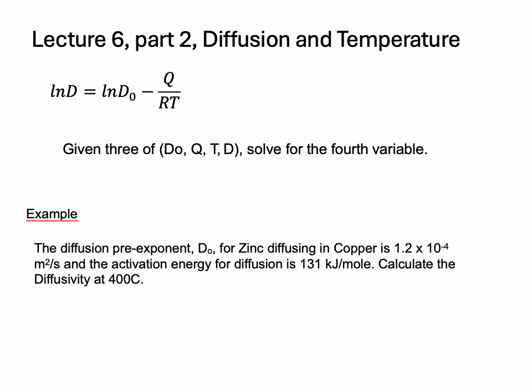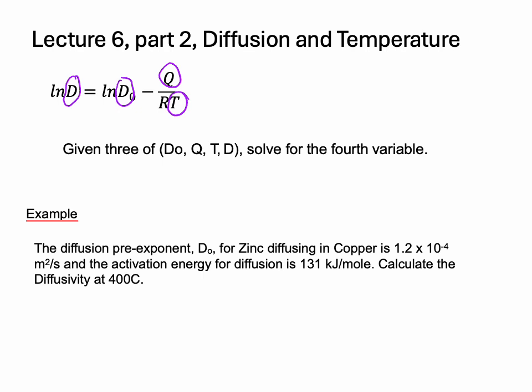So the first kind of problem that we'll see for the relationship between diffusion and temperature is where you only have one unknown. The terms that are potentially unknown are D0, D, Q, and absolute temperature. In the first example, you're given 3 of those and just have to calculate the 4th.